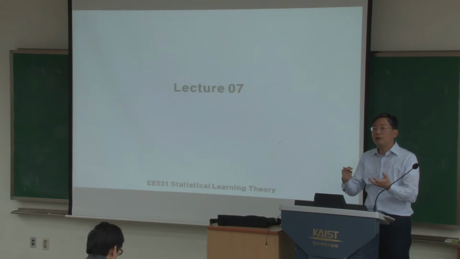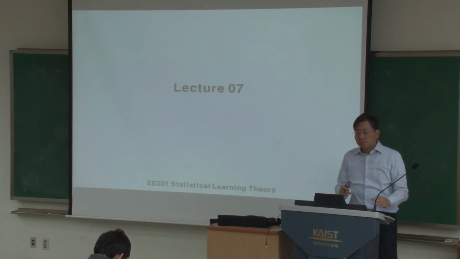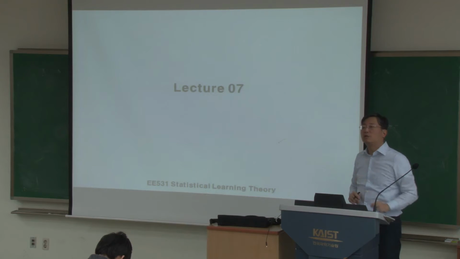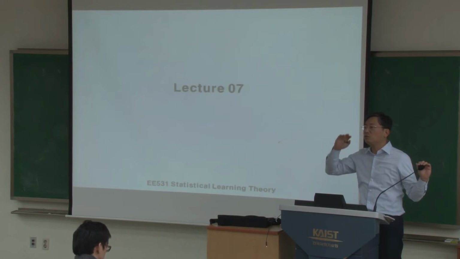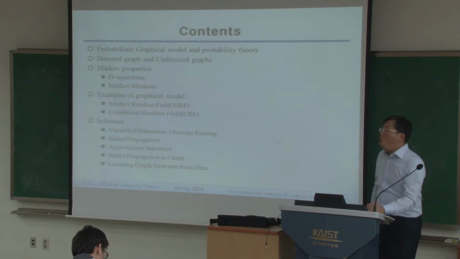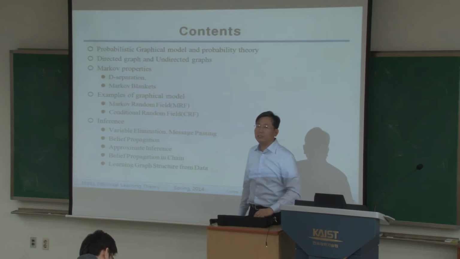How to estimate the parameters, hypothesis. Now, at the core of machine learning are graph models. How do you represent probability in terms of graphs? Very, very important.